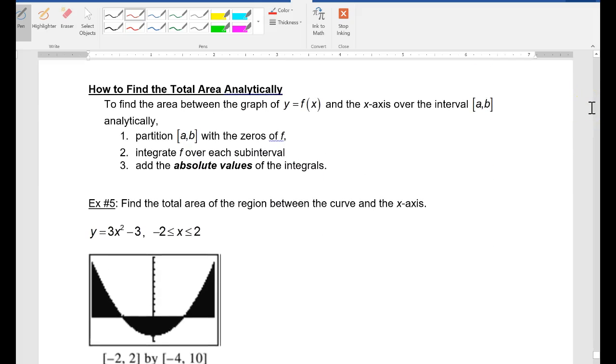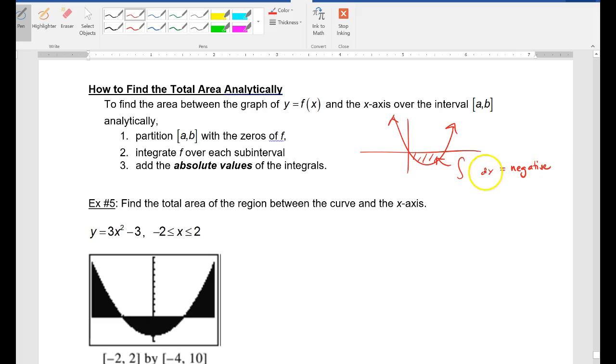Okay, so sometimes we want to find the area between a particular curve and the x-axis. Now we know when a graph goes below the x-axis, that integral would be negative.